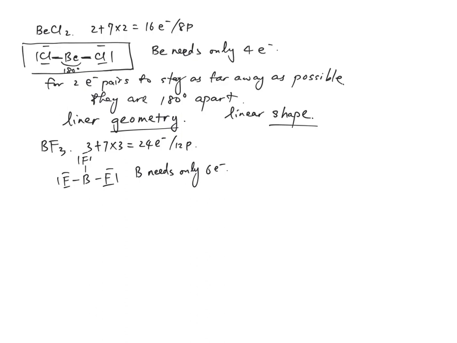For 3 things, how do they stay as far away as possible? This is how. All 3 of them are equivalent, 120 degrees apart, 120 degrees apart, 120 degrees apart. This is as far away as you can get with 3 electron pairs.